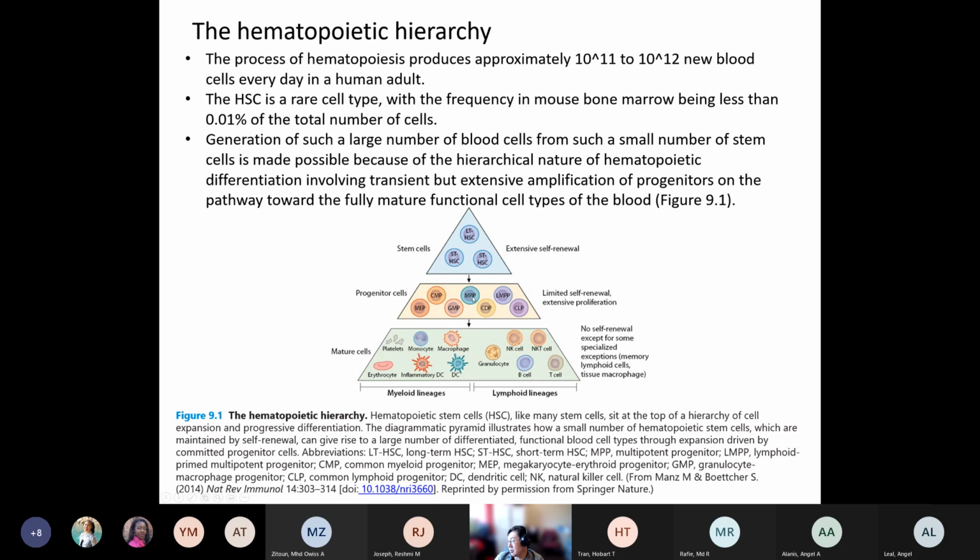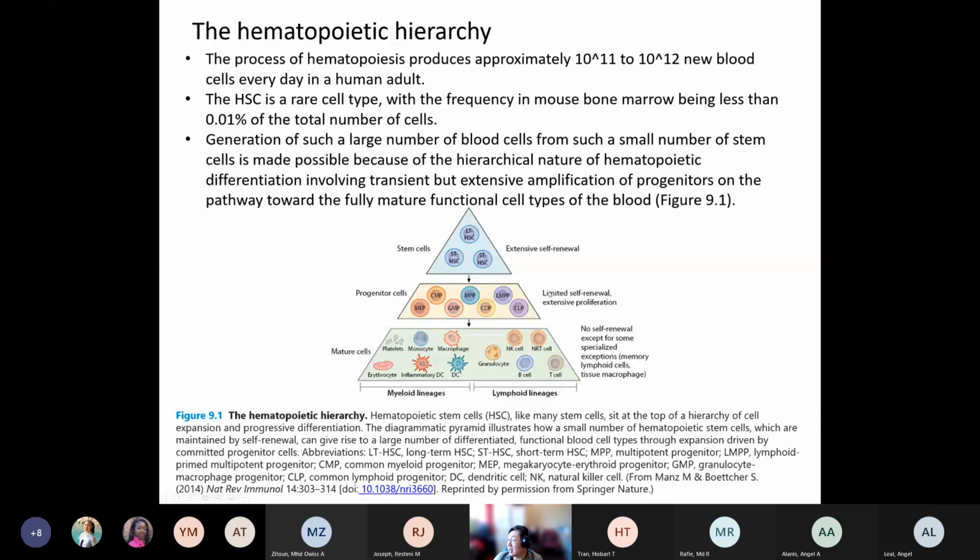The immediate cell after the stem cell will be MPP, standing for multipotent progenitor. You also have CMP and LMPP, and CMP is, I believe, the common myeloid progenitor. So they give rise to the myeloid lineage.